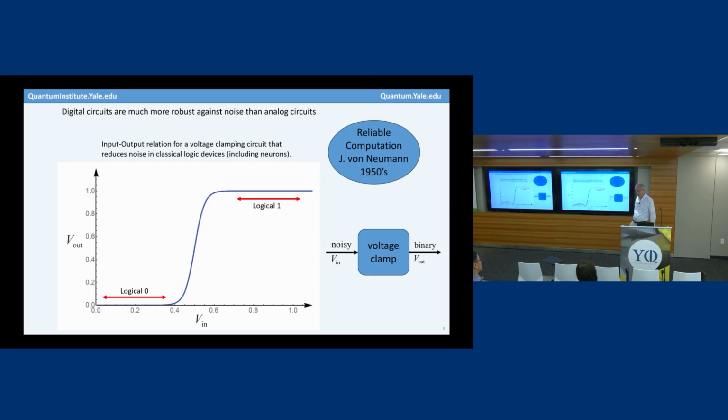Yes, sir? Is there any advantage to not going halfway in terms of your logic? Why is the curve kind of near 0.4 versus maybe dead center? Yeah, so you have to build a circuit that changes very quickly there, and there's some price to be paid in the complexity of the circuit or how fast it responds.